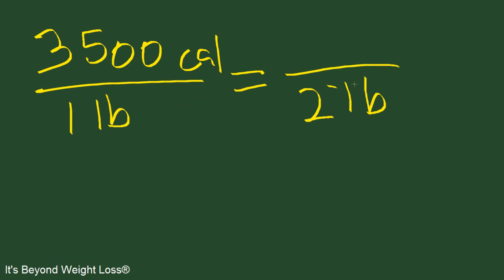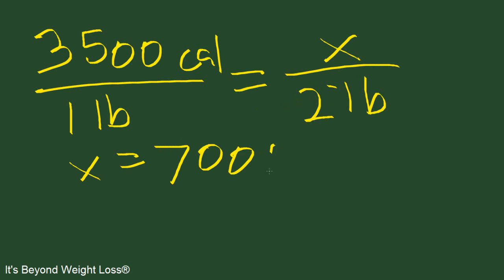This is to maximize fat weight loss and minimize muscle weight loss. So if we do a little bit of cross multiplication here, we can find that in order to burn 2 pounds of fat per week, we will have to create a 7,000 calorie deficit in how many calories we consume per week.